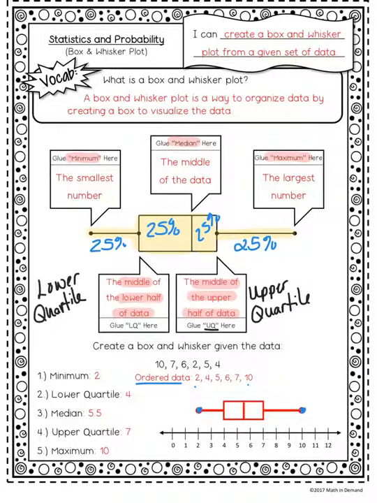Next, we find the median. So first we put a dot and we find the minimum. Then we do the maximum. Next, we find the median. Okay, and again, the median, there were 1, 2, 3, 4, 5, 6 numbers here.